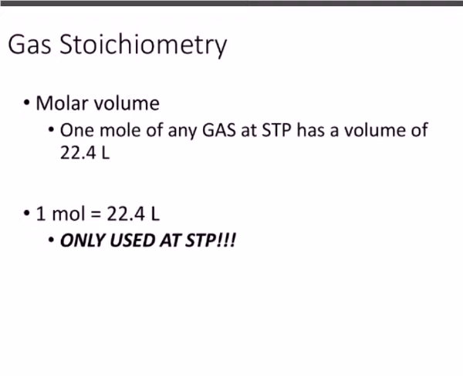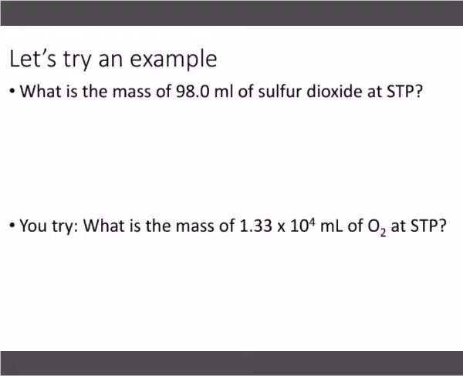All right, so again, this is what we just wrote down, what we talked about. Let's try an example. It says, what is the mass of 98 milliliters of sulfur dioxide at STP? What am I given? Let's start there. All right, so my volume is 98.0 milliliters of what? Ooh, what is the formula for sulfur dioxide?